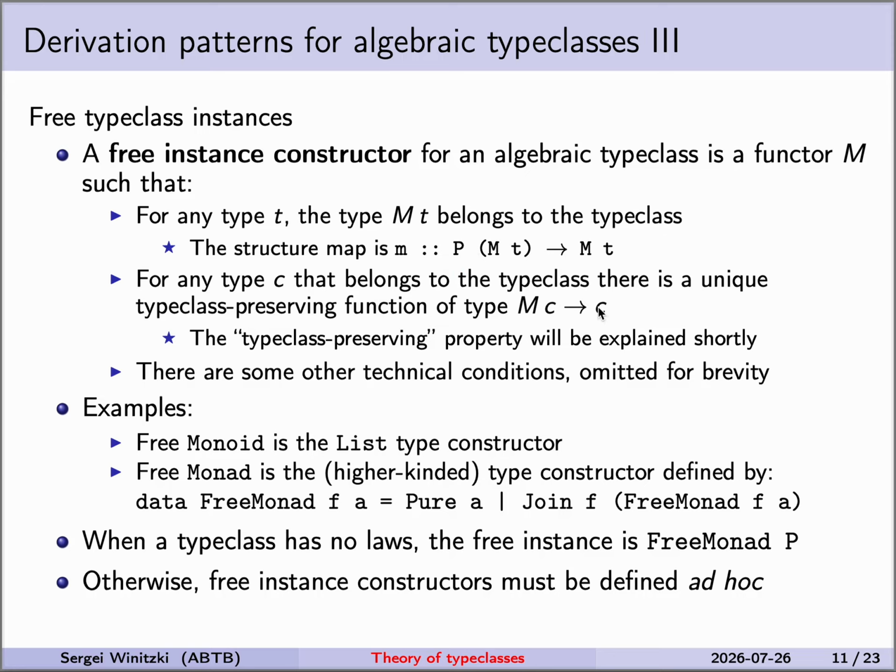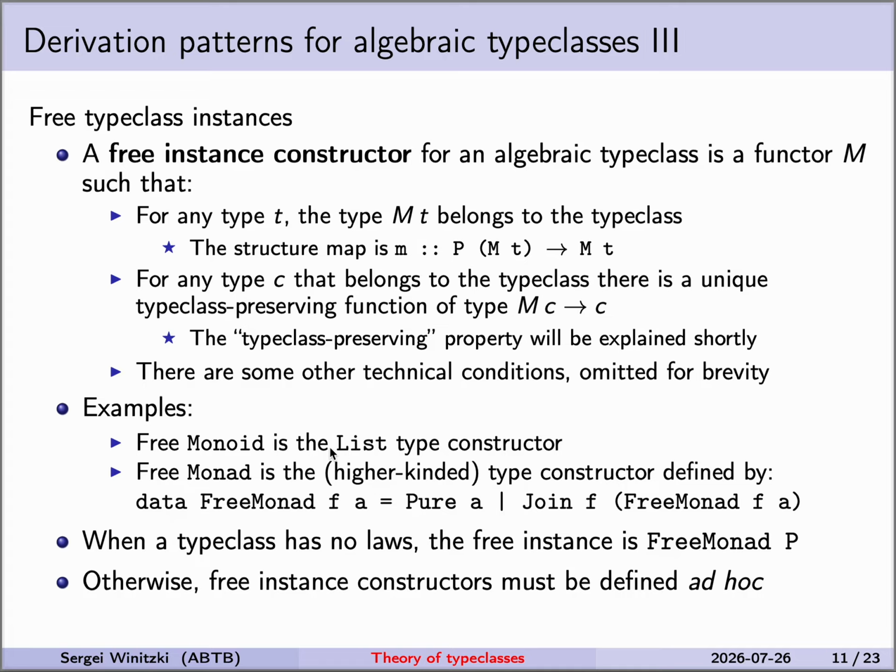And so this is a technical property that I will discuss in detail in the next part of the tutorial. And there are some other technical conditions which I don't discuss here. But essentially, if a functor m exists with these properties, then it is called the free instance constructor for that type class. And here are some examples.